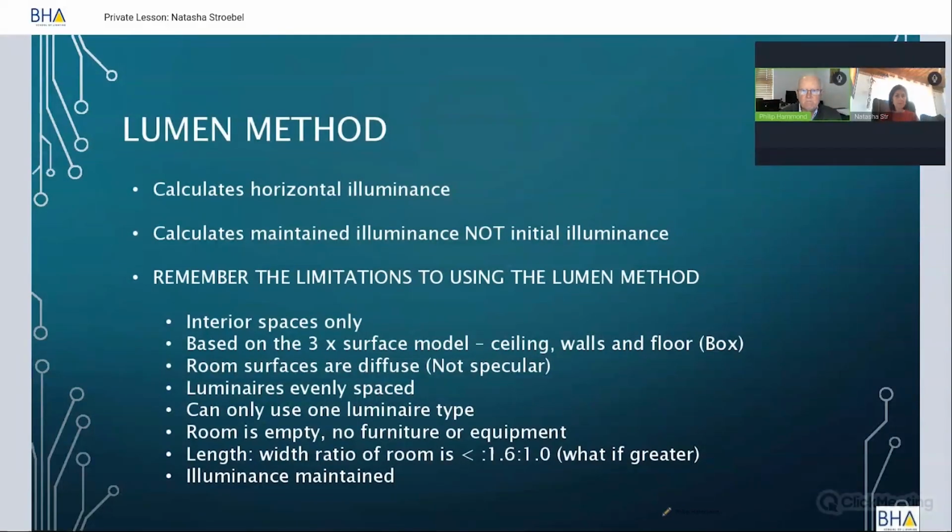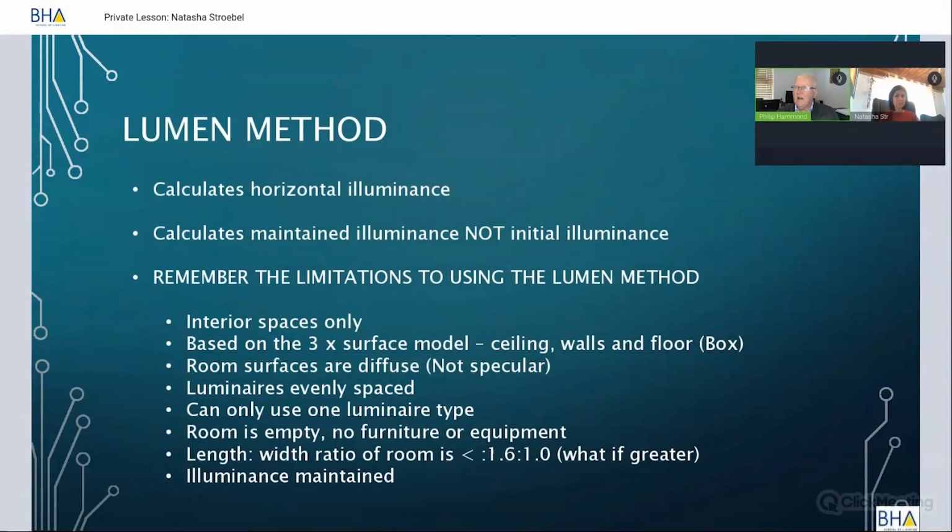So let's move on to the next page. And we're going to talk about the Lumen method. So there are certain things that you have to remember with the Lumen method. Very simply, it only calculates horizontal illuminance. In other words, from the light fitting up there onto my desk, the desk is horizontal.